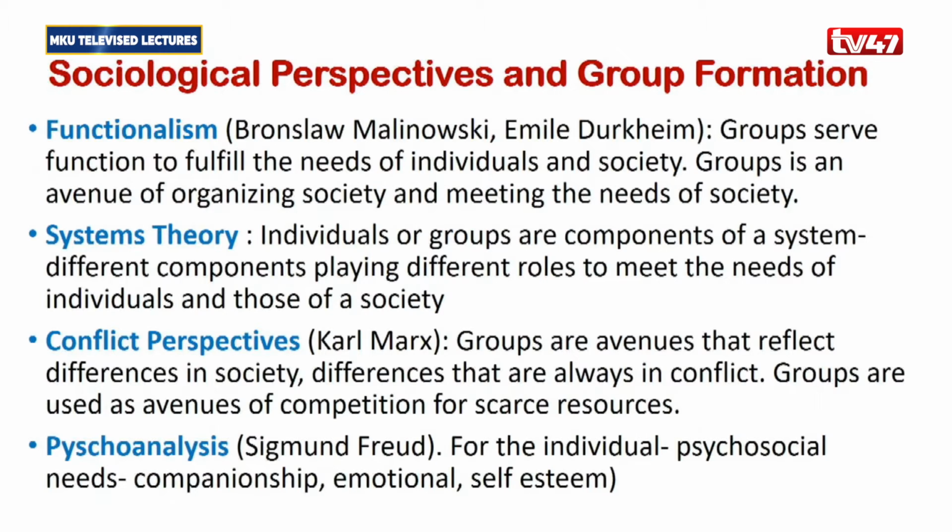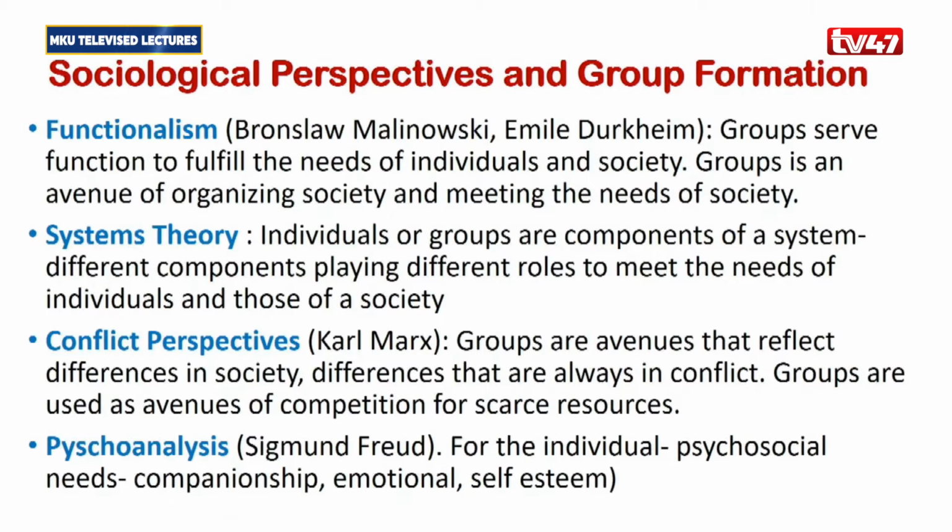If you use functionalism to understand group dynamics, you'll see that groups serve to fulfill a function. Groups function to fulfill the needs of individuals and society and also the group. So groups must be understood and explained in terms of how they function to fulfill the needs of individuals and the needs of society through those groups.